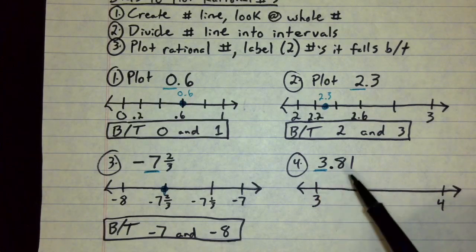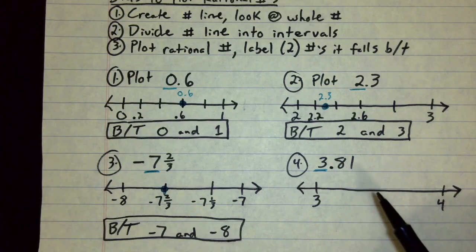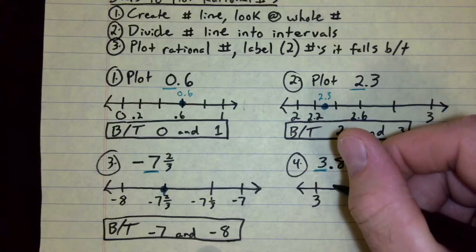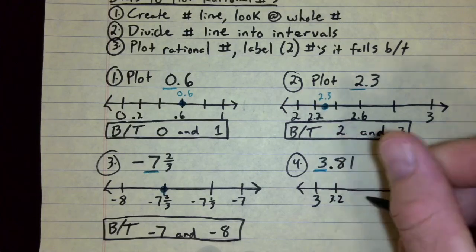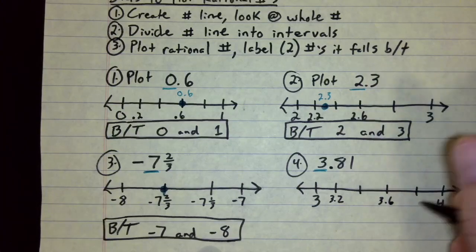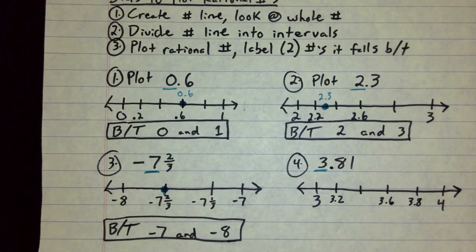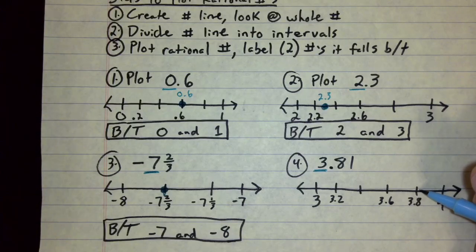Now, once again, think about what would be easy to get to 81/100. Well, by 2/10s: 3 and 2/10, 3 and 4/10, 3 and 6/10, 3 and 8/10, and 4. Then just plot it. We know 3 and 81/100 would be very close to 3 and 8/10, and just a shade after that.